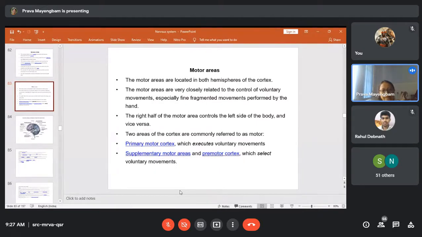So in the cortex there are two portions again. One is the sensory area, another is the motor area. Sensory area is going to get the signals from the different portions of the body. Motor area is going to exhibit the motor activities, particularly the voluntary movements.